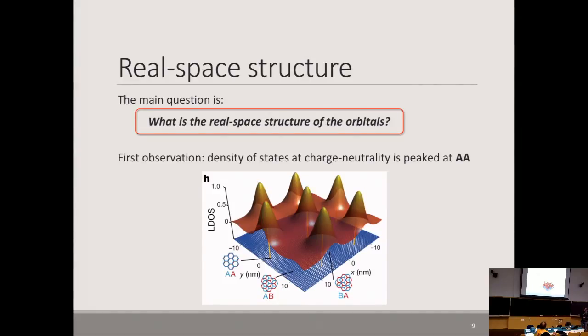And if you are at charge neutrality, the density of states as a function of space is highly peaked around these AA stacking centers. This is a picture from the experimental paper where they say this density of states is the largest at these peaks. So you imagine these peaks form a triangular lattice. So literally, the first idea is, maybe this has something to do with triangular lattices, but it's probably a little more complicated than that.